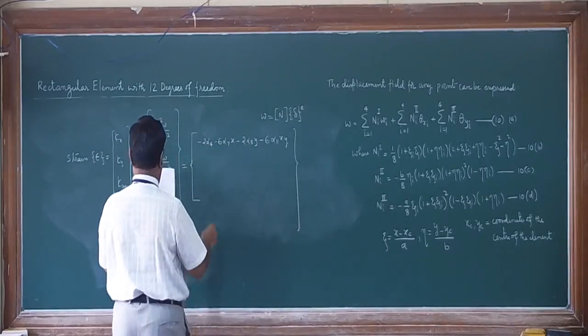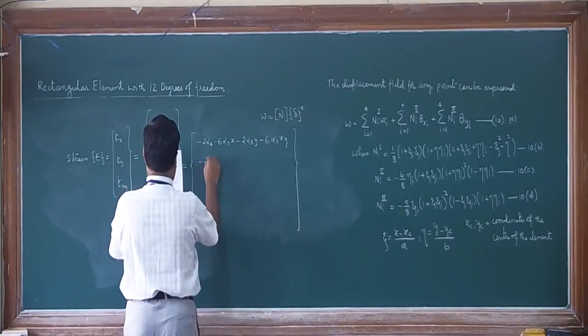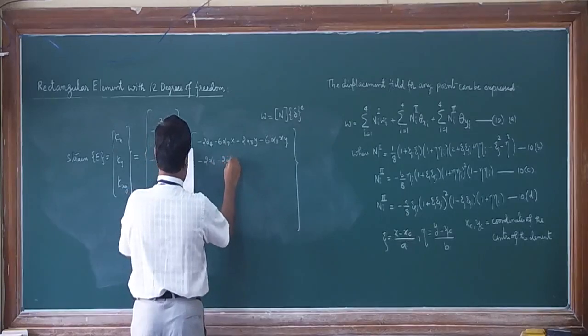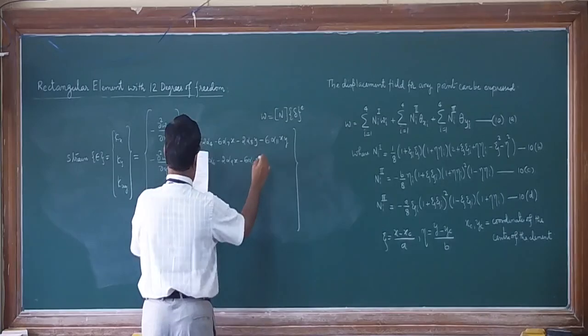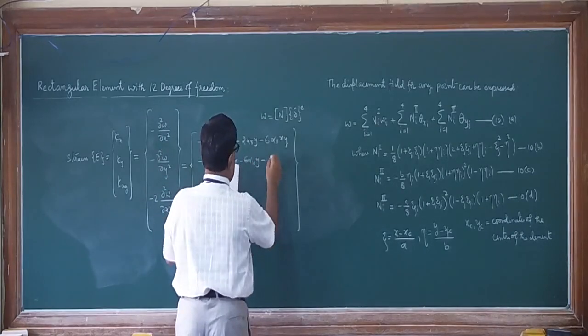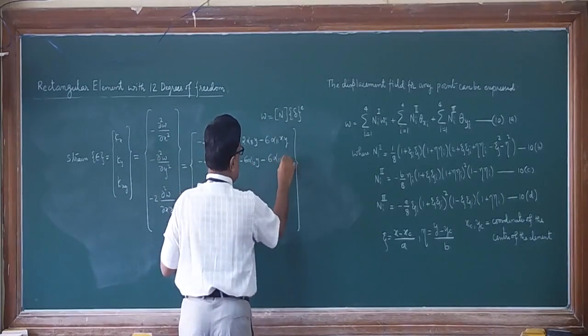Similarly here, minus 2 alpha 6 minus 2 alpha 9 x minus 6 alpha 10 y minus 6 alpha 12 xy.